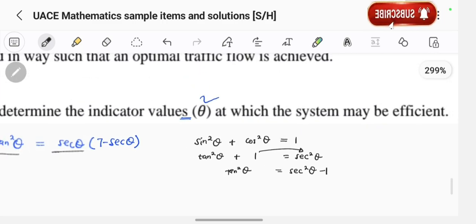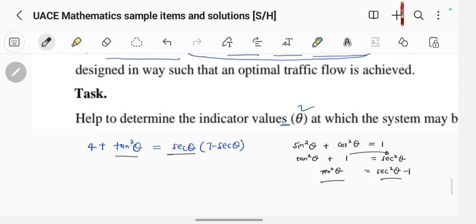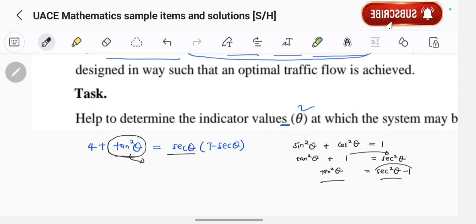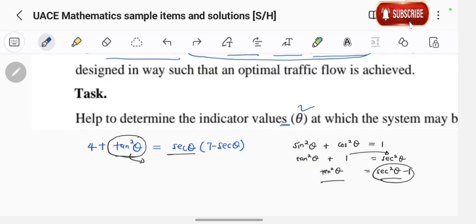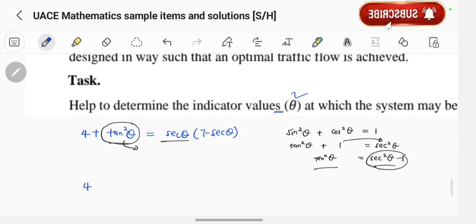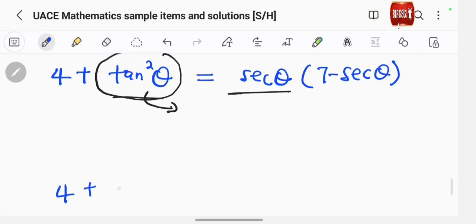So are you saying that sec and tan have a relationship? So I'm going to try to turn this tan squared theta into sec by replacing it with that. So it's going to be 4 plus what's tan?